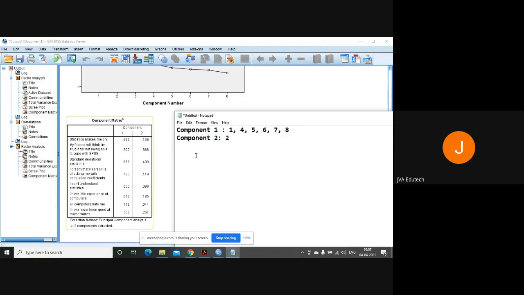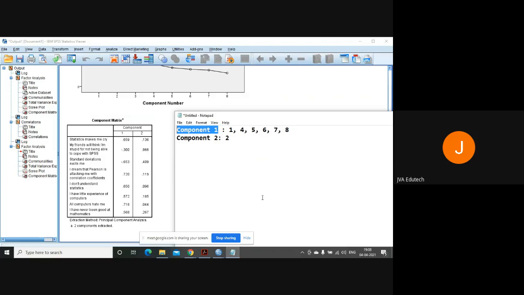See, if you see all the items of component 1, they are measuring fear towards statistics. In component 2, only one item is measuring fear towards SPSS. Isn't it? Yes, sir. So we can say that out of the 8, we found 2 components, where one component is a fear towards statistics, another component is a fear towards SPSS.